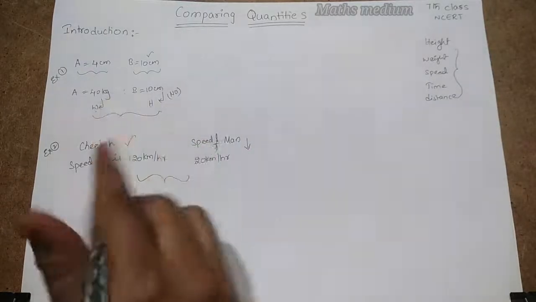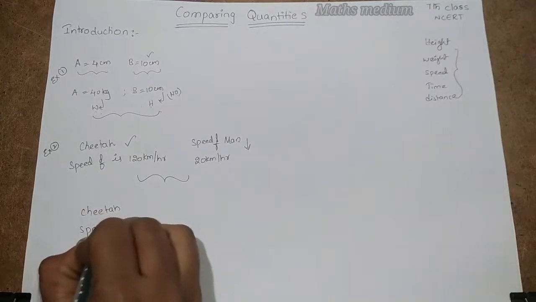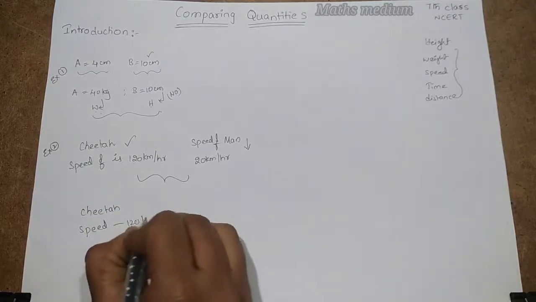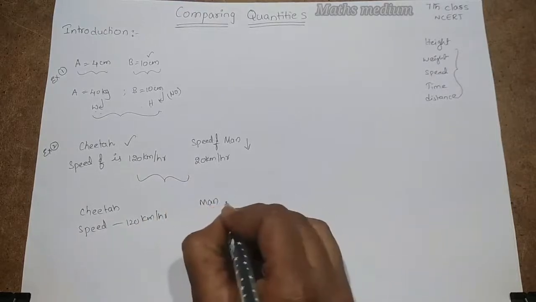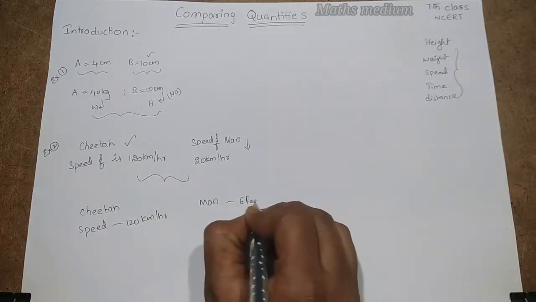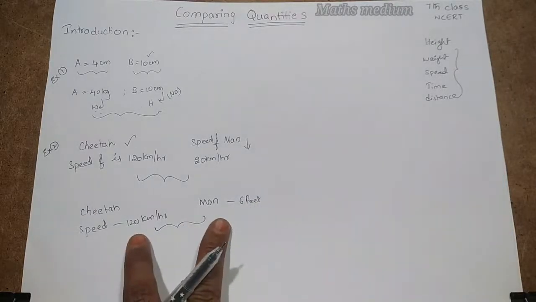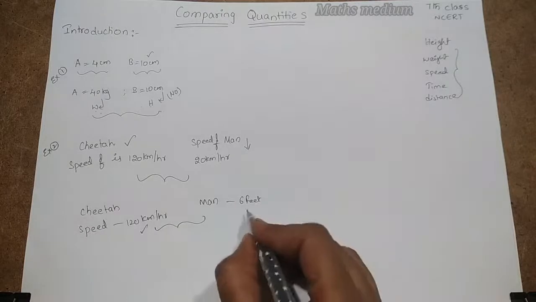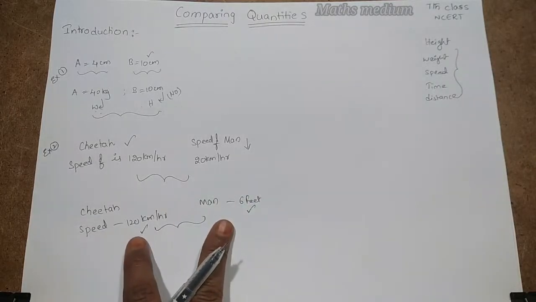You can compare. If you take the same cheetah speed, 120 km per hour, and man's height 6 feet, then can you compare these two quantities? This is speed, this is height, right? You cannot compare these two quantities.